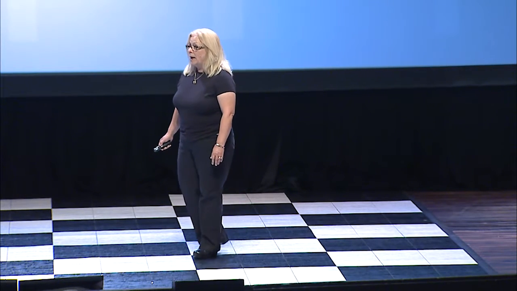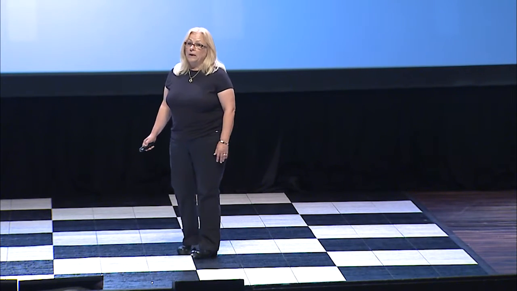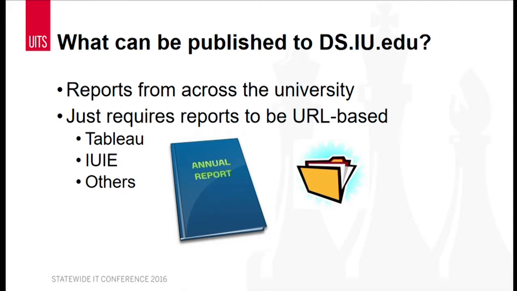So what can we publish there? Really, any report that is of interest to the university community or you want findable. It does need to be a report that's URL-based, so Tableau reports, IUIE reports, or others.